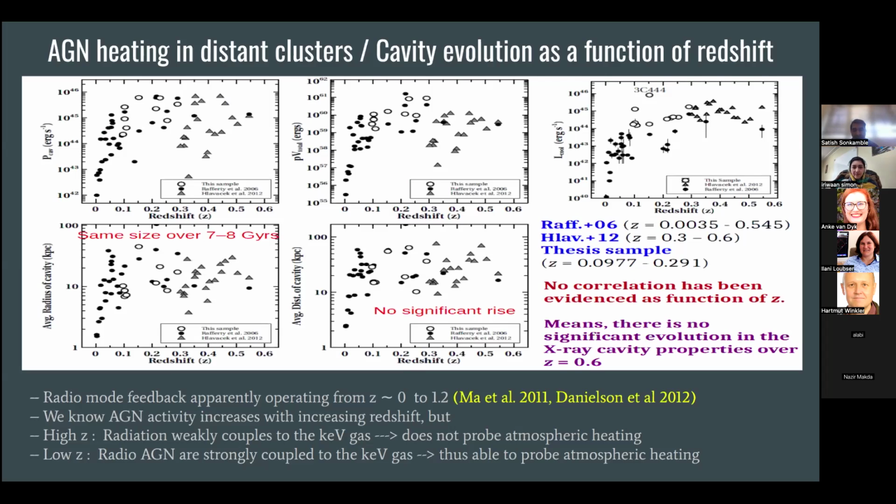Why? The X-ray emitting gas, we see this bubble with X-ray emitting gas, and it is very weakly coupled with this high redshift gas, and the density is also low at the early stage of cluster formation. Therefore, we get less X-ray emission from there.